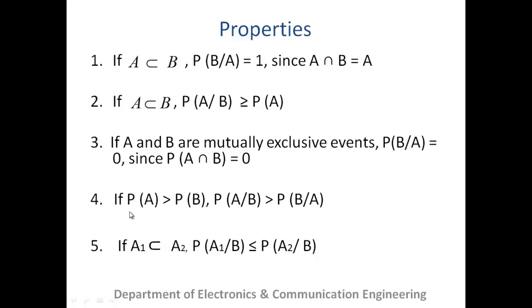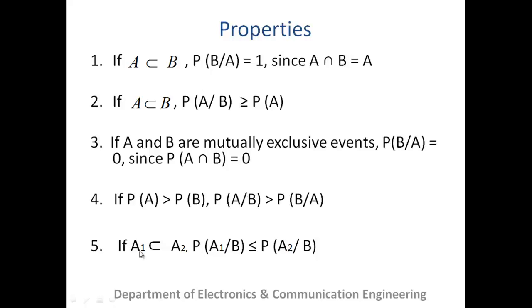Then, if the two events are defined such that the probability of A is greater than the probability of B, then the conditional probabilities of the two events, given that the other event has occurred, are such that the probability of A given B is greater than the probability of B given A.